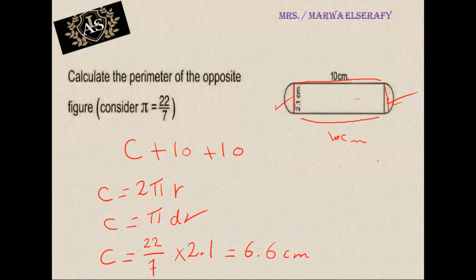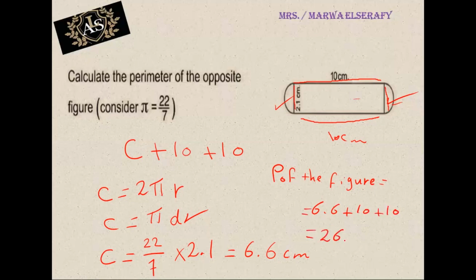And the whole perimeter of the figure will be equal 6.6 plus this side equal 10 and this side equal 10. So perimeter of the figure will be equal 6.6 plus 10 plus 10, it will be equal 26.6 centimeter.